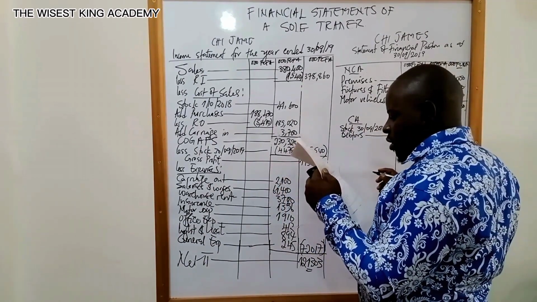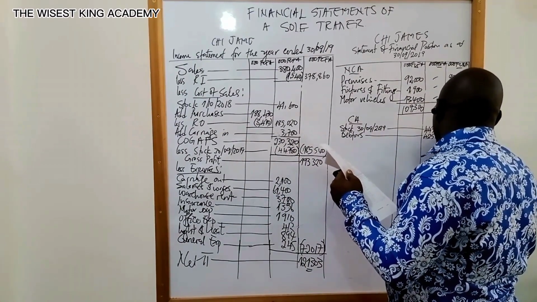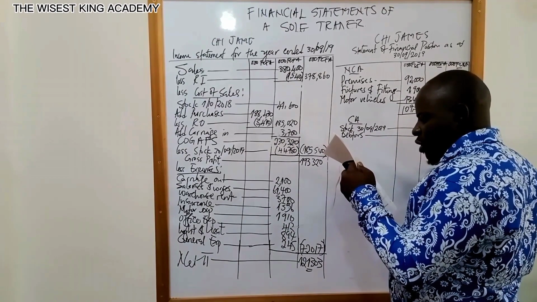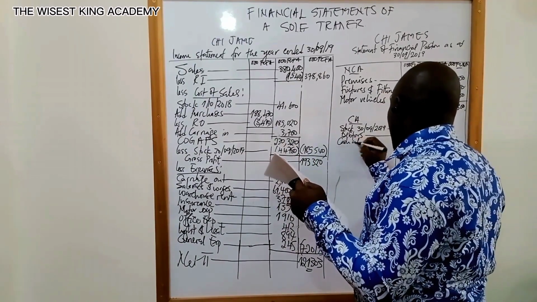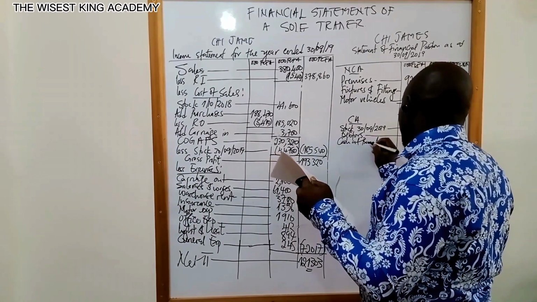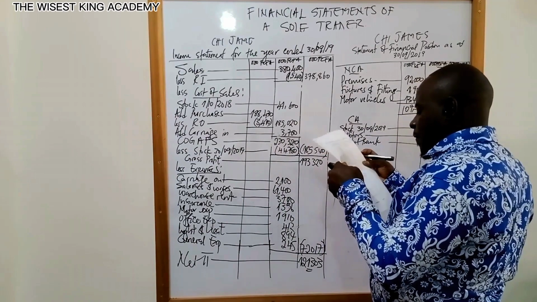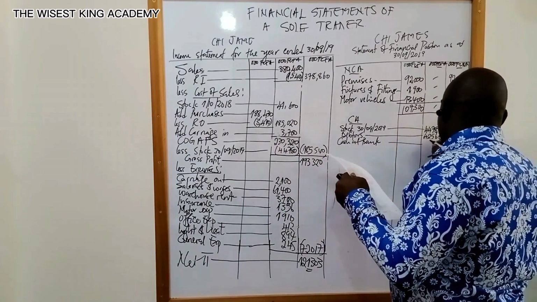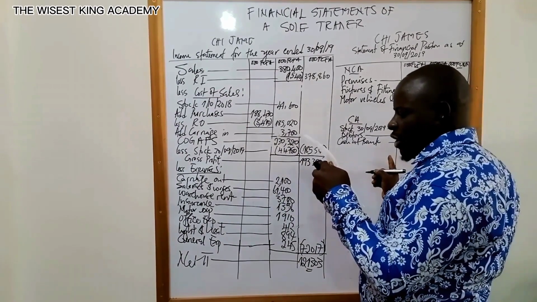Debtors is 42,560. After debtors, do we have cash at bank? Oh yes, we have cash at bank, which is 5,106.